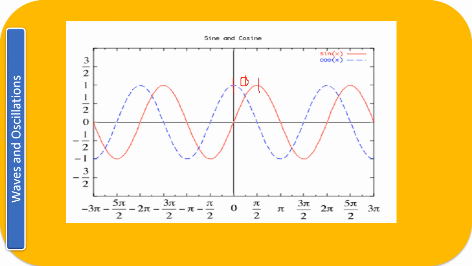It is very important to understand that when a particle executes simple harmonic motion, it will have both the sine and cos components, and between them there is a phase. This is how we write the displacement equation as x equal to A cos(omega t plus phi), or A sin(omega t plus phi), and this is how the concept of the phase has come, and it is applicable everywhere.